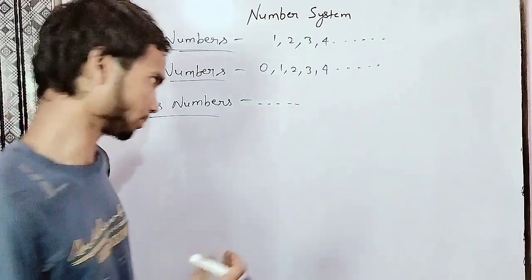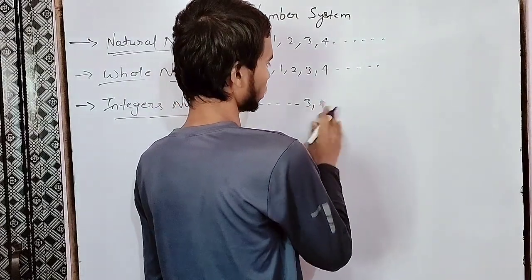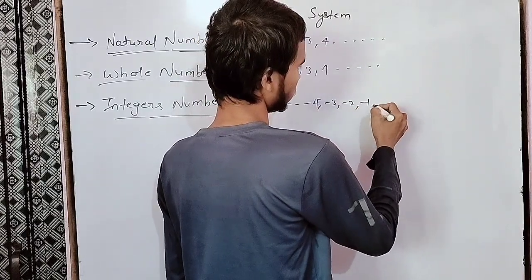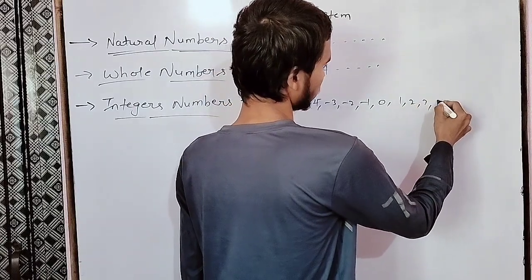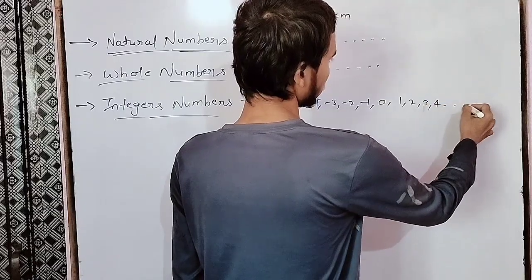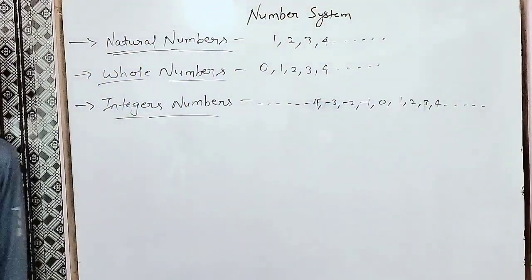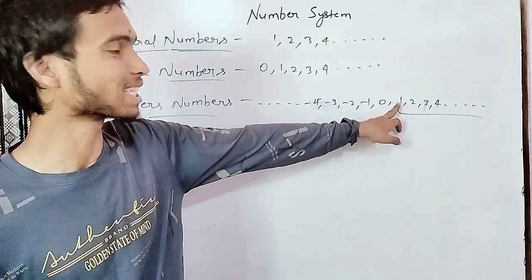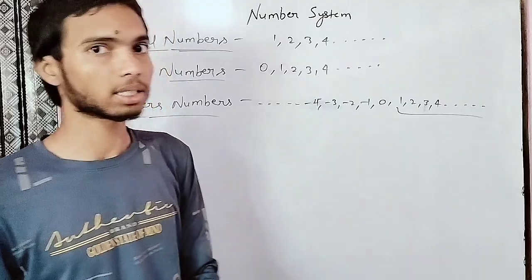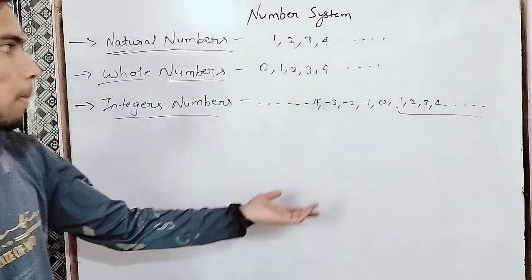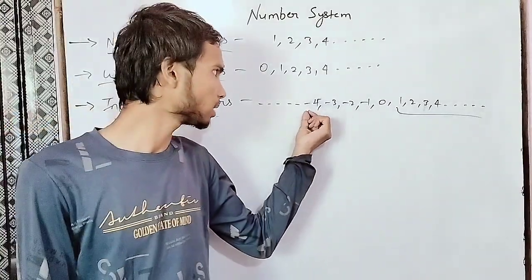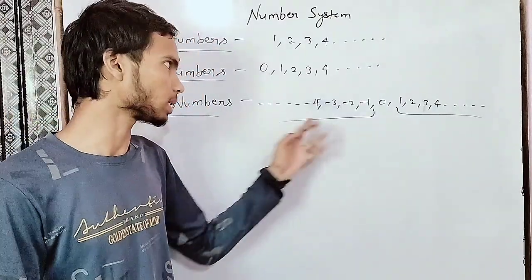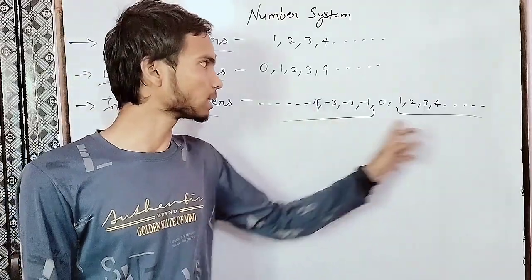For example, this is a hint showing infinity: -4, -3, -2, -1, 0, 1, 2, 3, 4, till infinity. From 1 till infinity is the natural numbers, but here addition is hidden. Whereas on the other side, subtraction is hidden, till infinity.